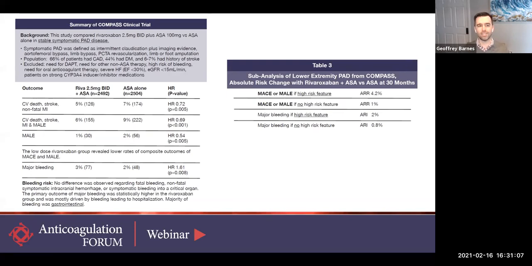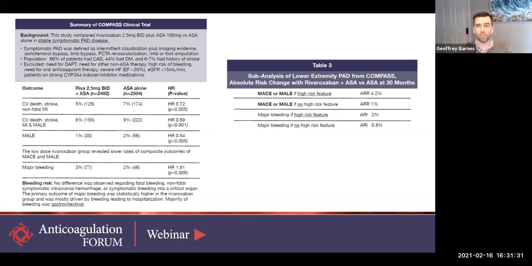And you can see similar types of reductions when you look at other outcomes. The one I want to highlight here is MALE. MALE stands for major adverse limb events. Think of this as heart attacks, but of the limb. We're talking about people needing amputations, people needing urgent revascularization because of some sort of ischemic event.